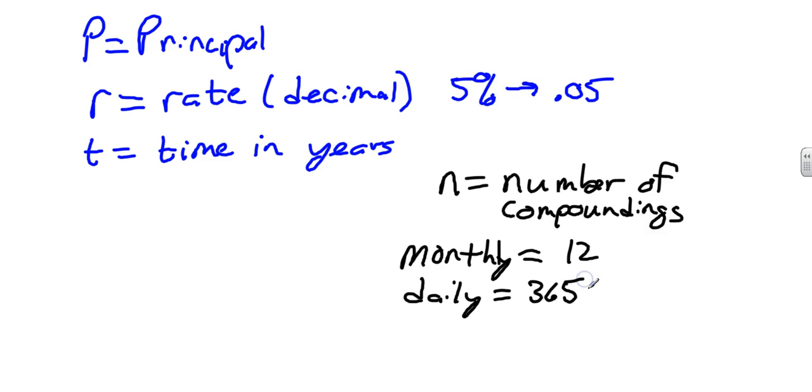And occasionally they may give you daily and say use 360 for daily. I don't know why, but sometimes they'll just do that. Again, it could be quarterly. Yeah, theirs is almost continuous.